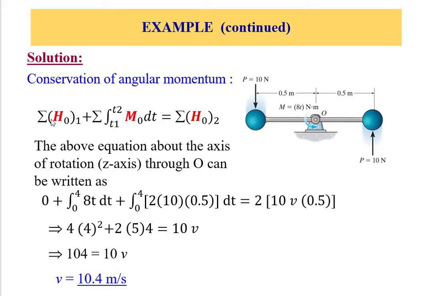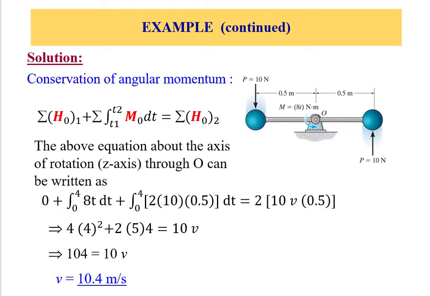Since we have a system of particles, we're going to compute the angular momentum for all the particles about O, and then compute the moments about O as they change from t1 to t2, for all of them, and also for the forces, as well as compute the angular momentum after.